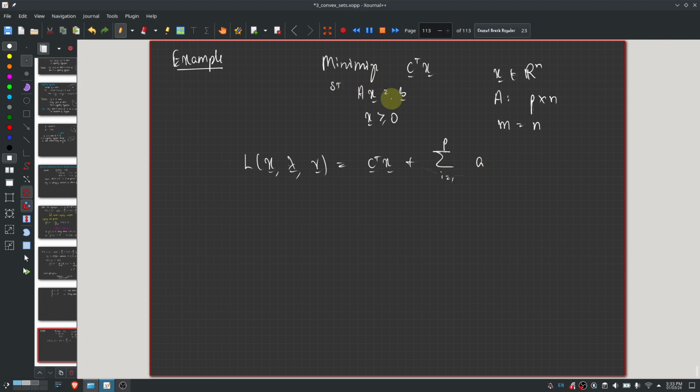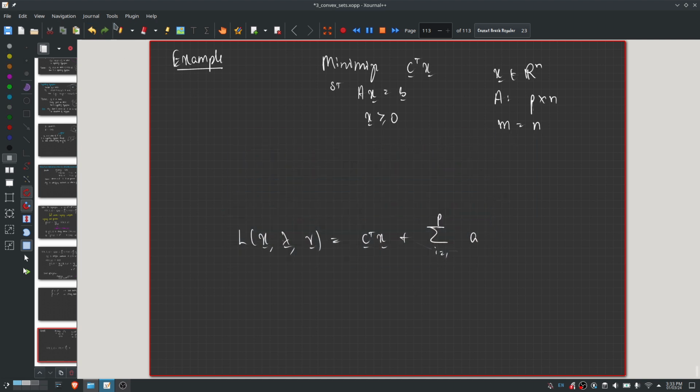Now this is Ax equal to b, or in other words, Ax minus b is equal to 0. So this is the same as x greater than or equal to 0 and Ax minus b equal to 0.